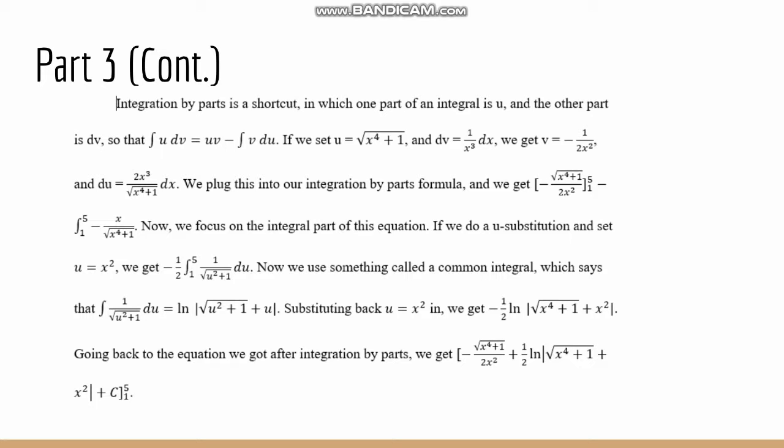And then we analyze the integral of that part and do a u sub where u equals x squared and plug that in the bottom there. And that is a common integral, which says that the integral of 1 over root of u squared plus 1 equals ln of root of u squared plus 1 plus u. So if we put x squared back in instead of u, we get that. And then we plug that into the equation we got after integration by parts to get all that, evaluated from 1 to 5.